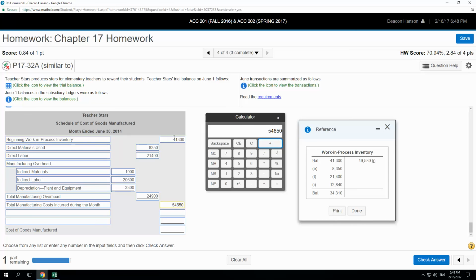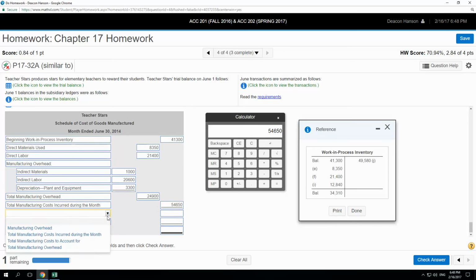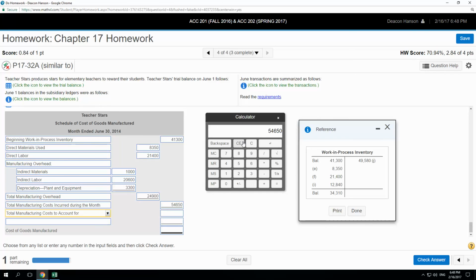Now if I add my beginning work in process and my total manufacturing costs incurred during the month, I'm going to have what we call the total manufacturing cost to account for. So that would be 95,950.